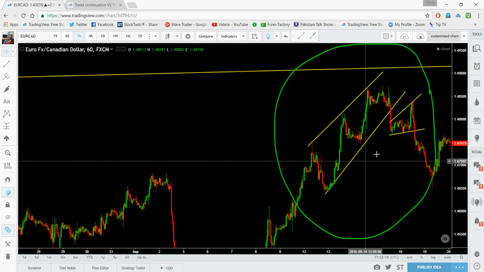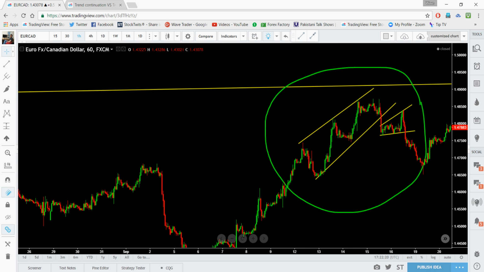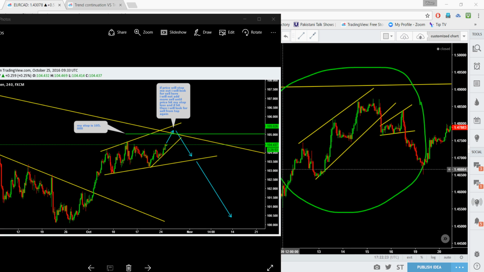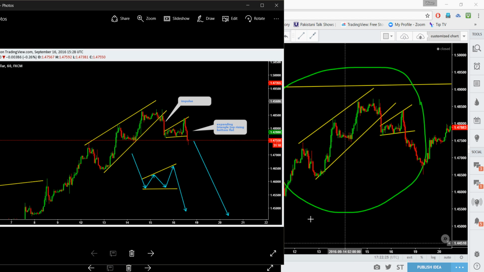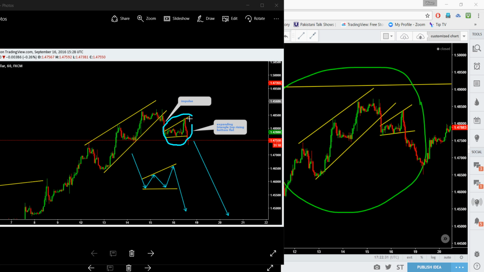Let me make my size a bit smaller. Here we go. You can see this is an expanding triangle and trend continuation pattern, and that is a trend reversal pattern. This pattern formed within the wave, so we can see that the previous trend just ended and price is going to move into the other direction.